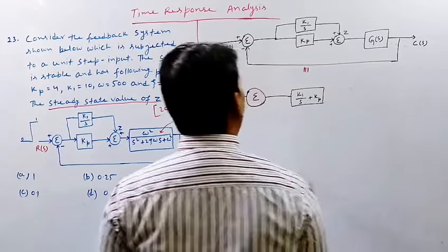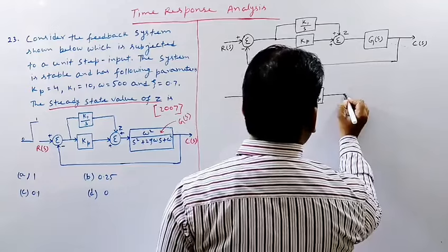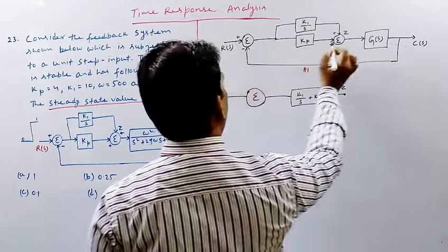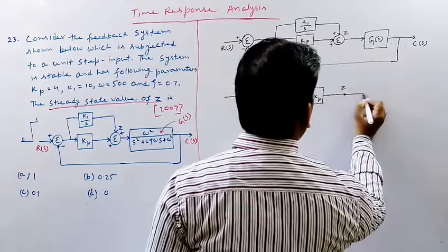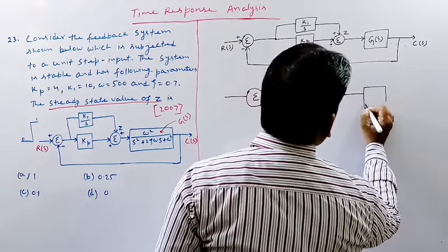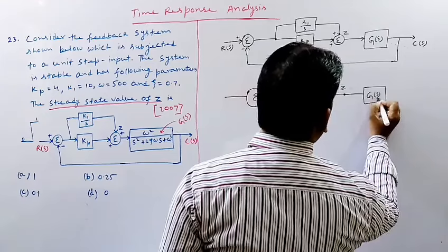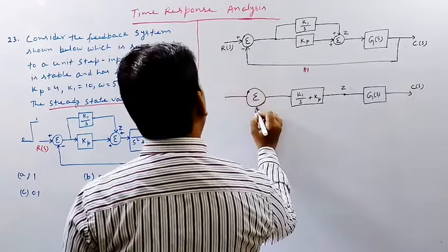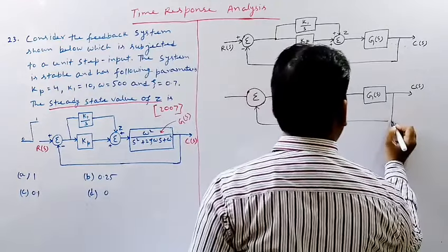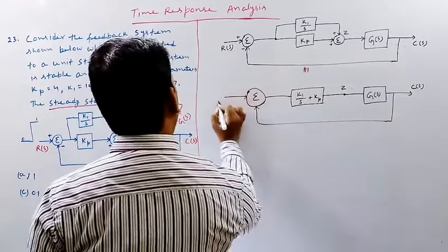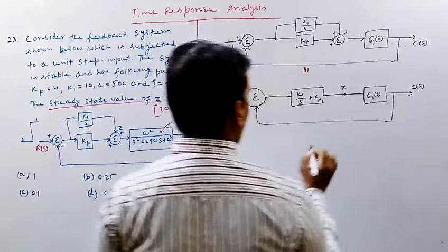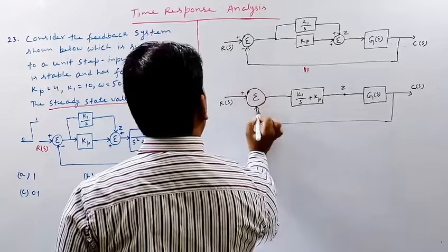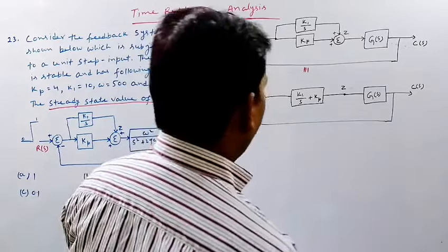Now this point is Z, and after that here it is G(s). Now this point is C(s), and there is a unity feedback here. So this point is R(s), and this is unity negative feedback.